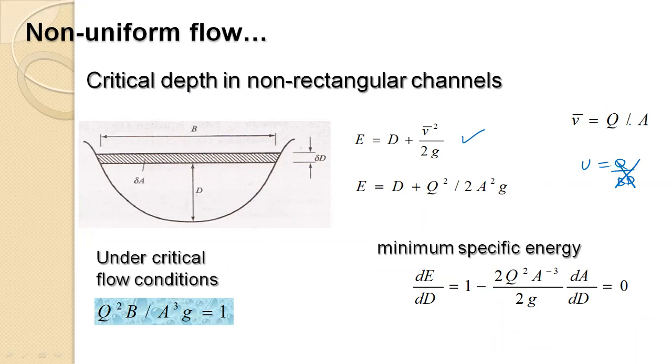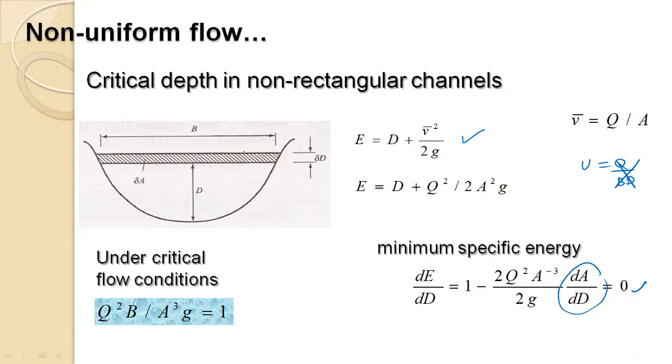So you have to write q divided by A. E then would be equal to d plus q squared divided by 2 A squared into g. Okay, so for the minimum specific energy, dE by dd should be equal to 0. If I differentiate this, it becomes 1 minus 2q squared A to the power of minus 3 divided by 2g into dA by dd.